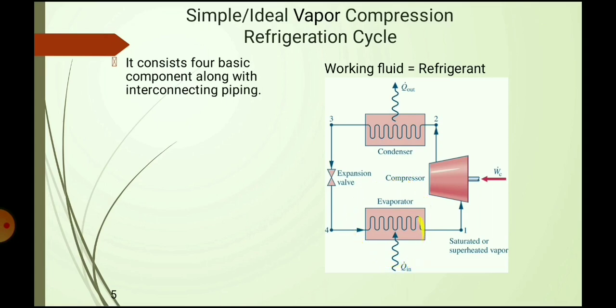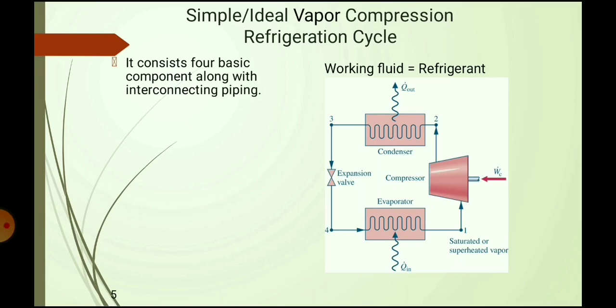That means at the exit of the condenser, the state of refrigerant is saturated liquid, and at the outlet of evaporator, the state of refrigerant is saturated vapor. This is necessary for the ideal case.